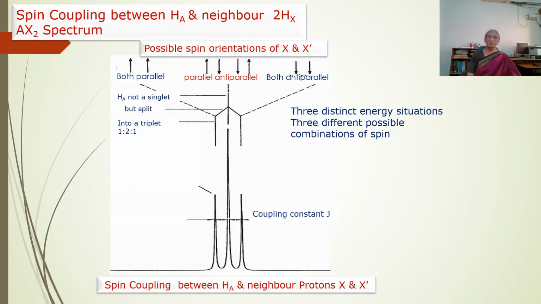Second type of spin coupling is between A and neighboring two X protons, that is the AX2 spectrum. In this, we discussed that the signal of HA proton will split up into three peaks and the intensity of the peaks will be 1:2:1.